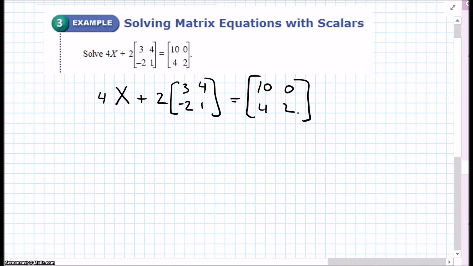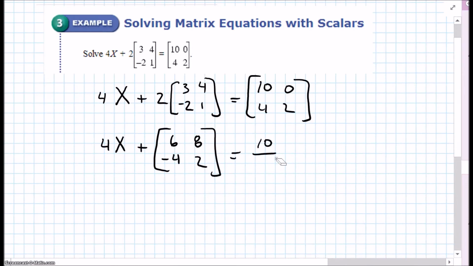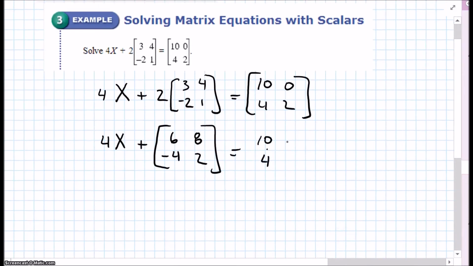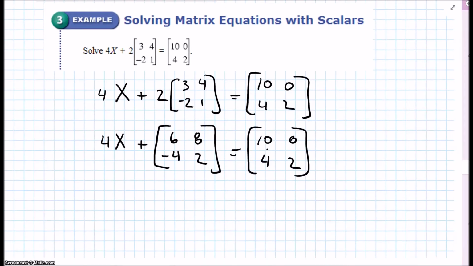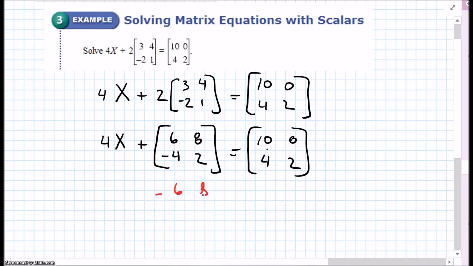First thing we're going to do is distribute the scalar. So I'm going to get 4X plus [6, 8; negative 4, 2] equals [10, 4; 0, 2]. Okay, so we're going to subtract this matrix from each side.